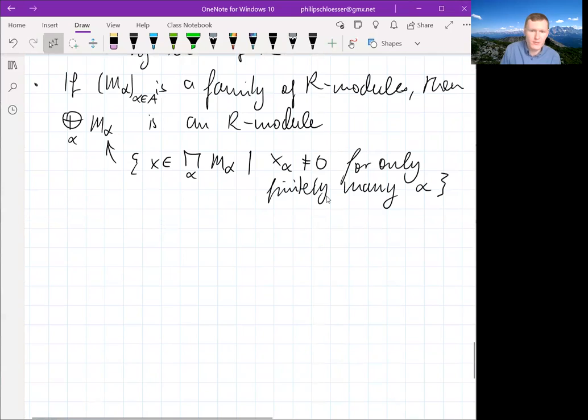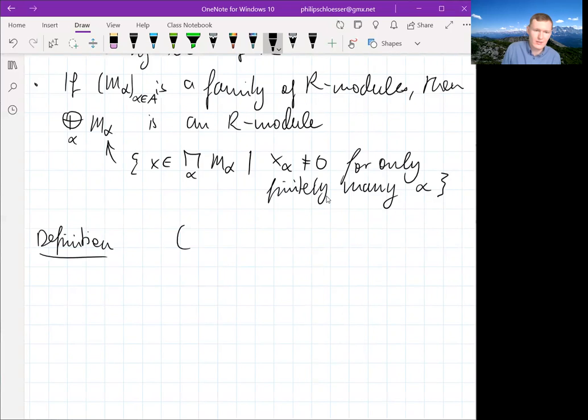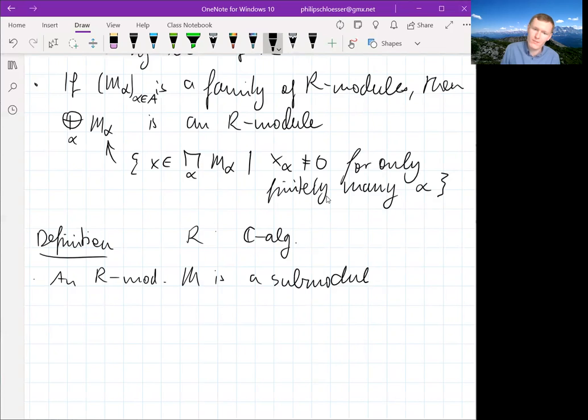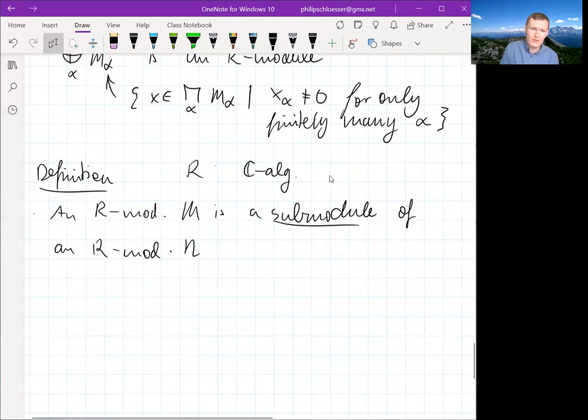And I guess if we can have modules, we can also have submodules. Again, R is a C algebra. An R module M is called a submodule of another R module N if, well, I guess it's kind of obvious.